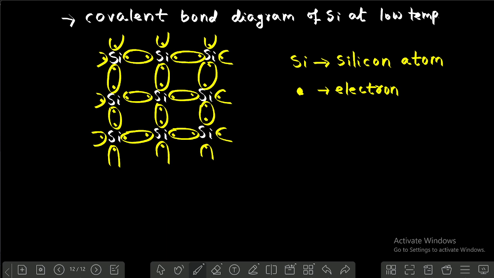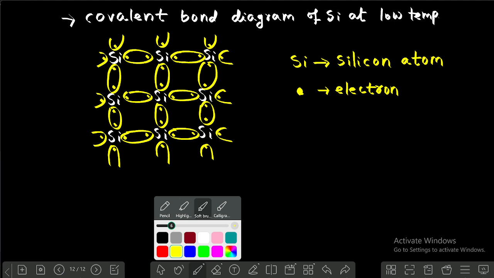Completed or not? Next, right. The current conduction takes place by both electrons and holes in the pure form of semiconductor. So that point you write, everyone.